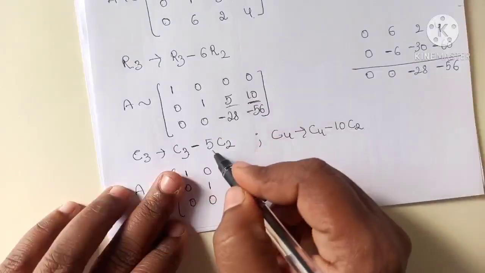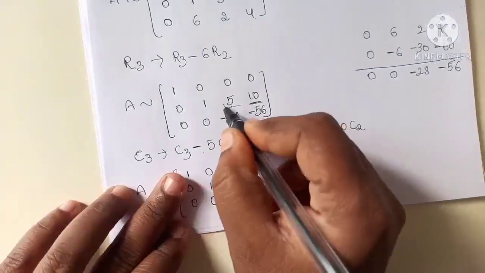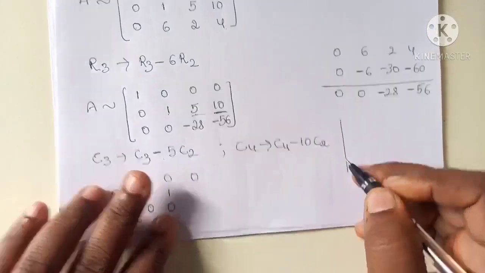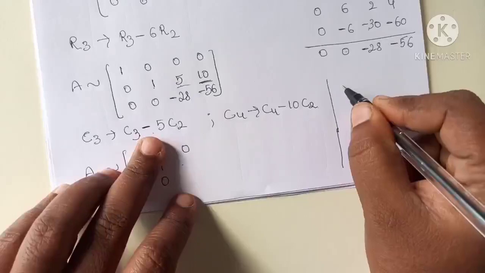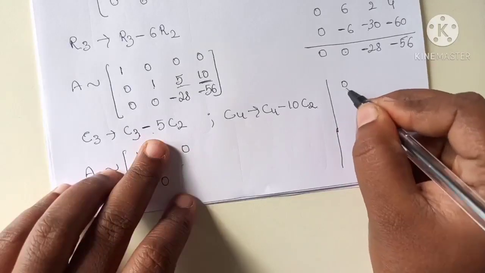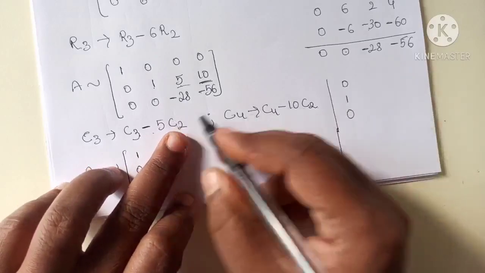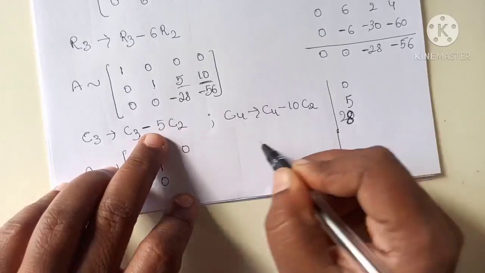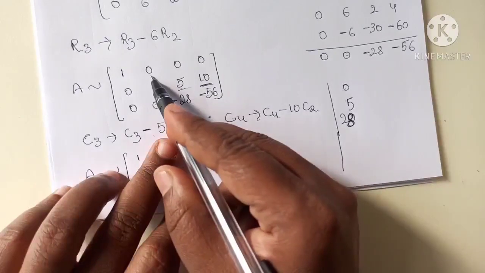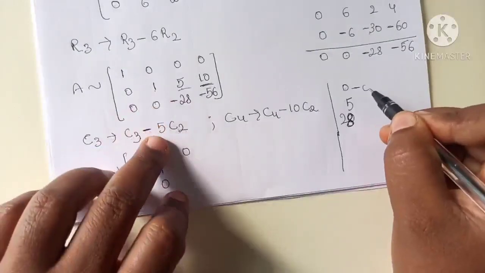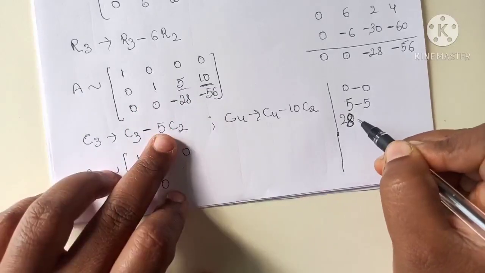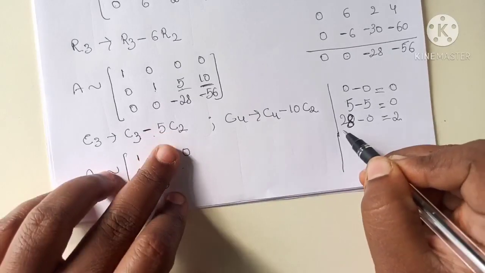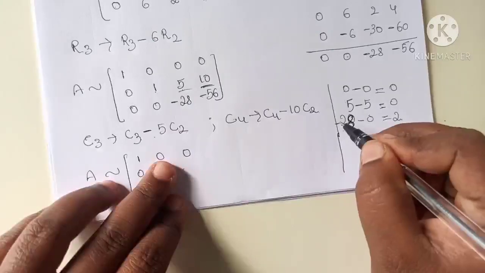C3 minus 5 into C2: multiplying C2 with 5 we get 0, 5, 0, so 5 minus 5 equals 0, and the 28 remains minus 28.